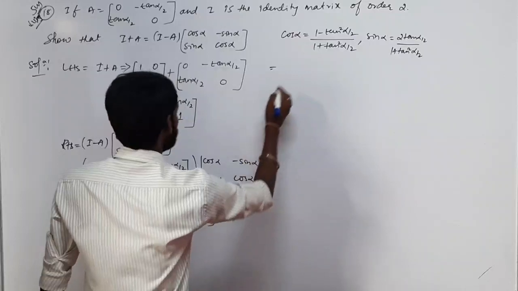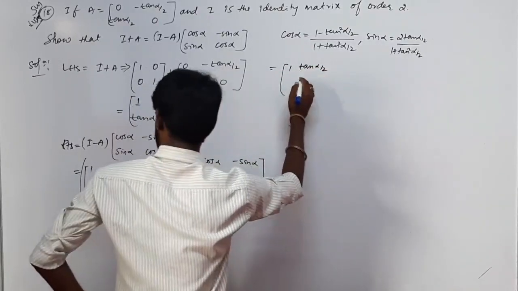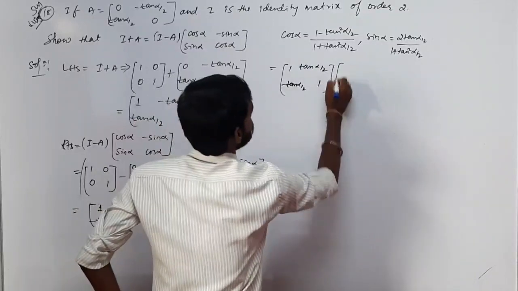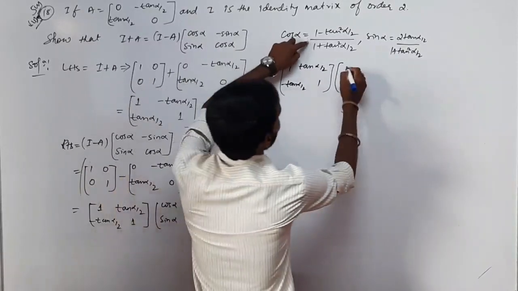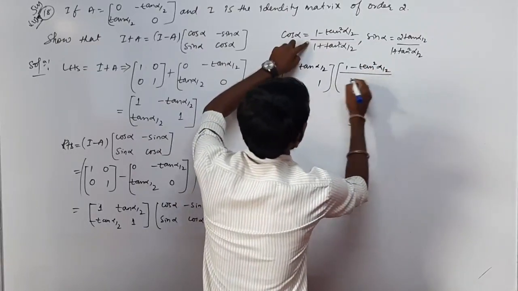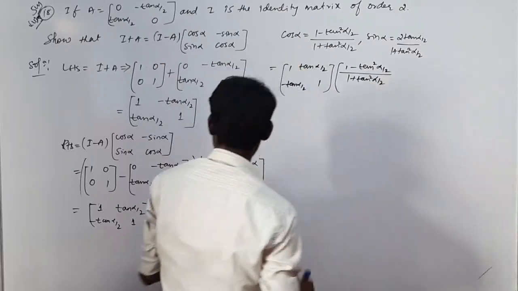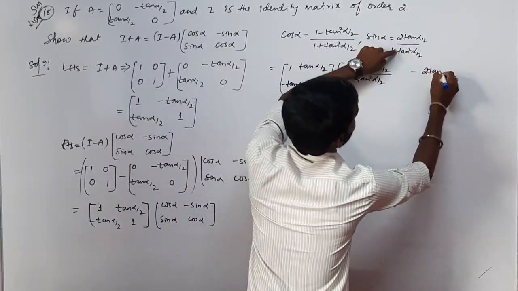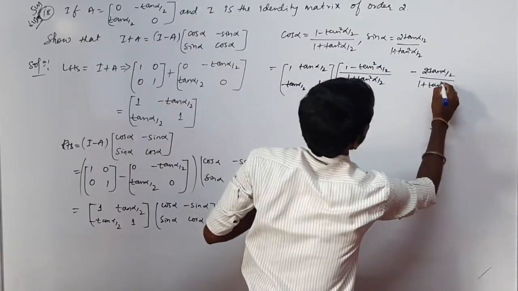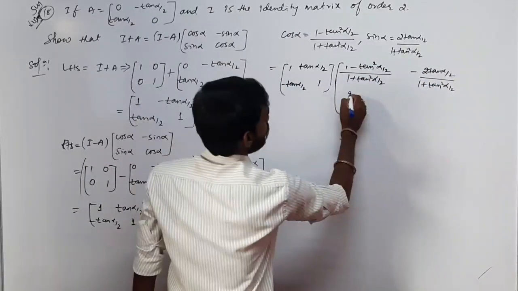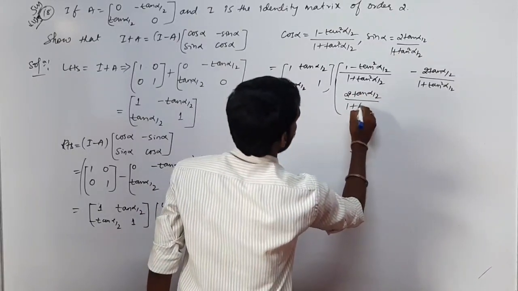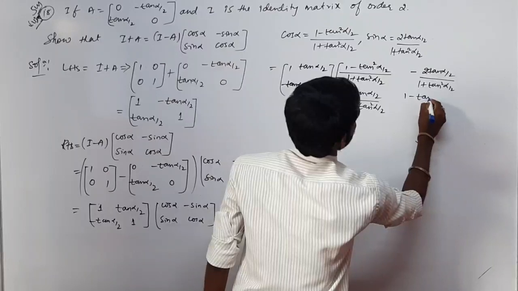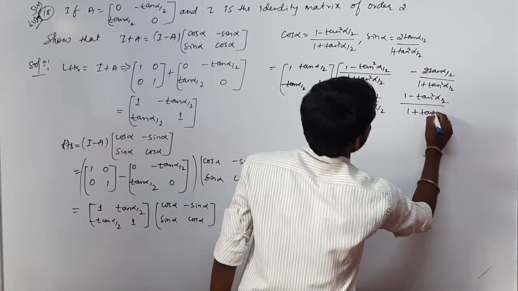So this is equal to [1, tan alpha by 2; minus tan alpha by 2, 1] into the matrix with cos alpha as 1 minus tan square alpha by 2 divided by 1 plus tan square alpha by 2, minus sin alpha as minus 2 tan alpha by 2 divided by 1 plus tan square alpha by 2, sin alpha as 2 tan alpha by 2 divided by 1 plus tan square alpha by 2, and cos alpha as 1 minus tan square alpha by 2 divided by 1 plus tan square alpha by 2.